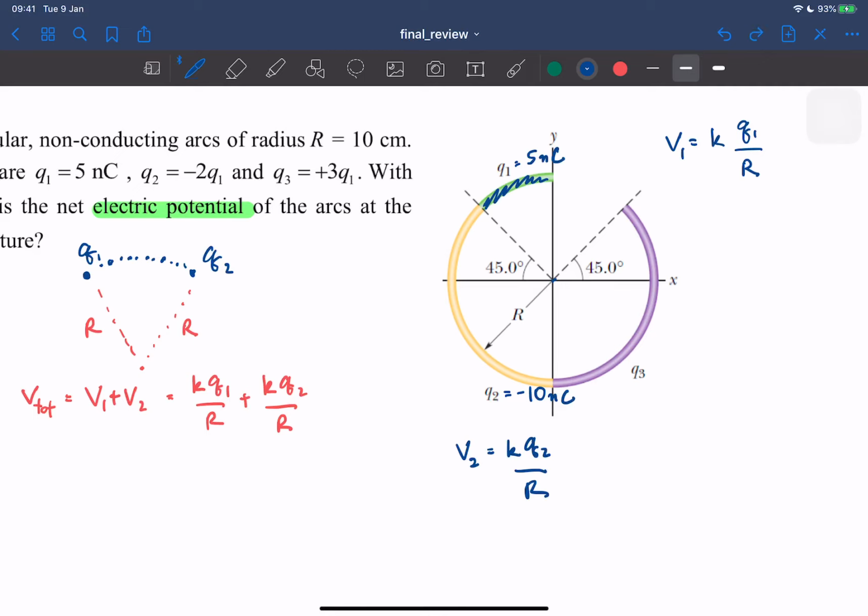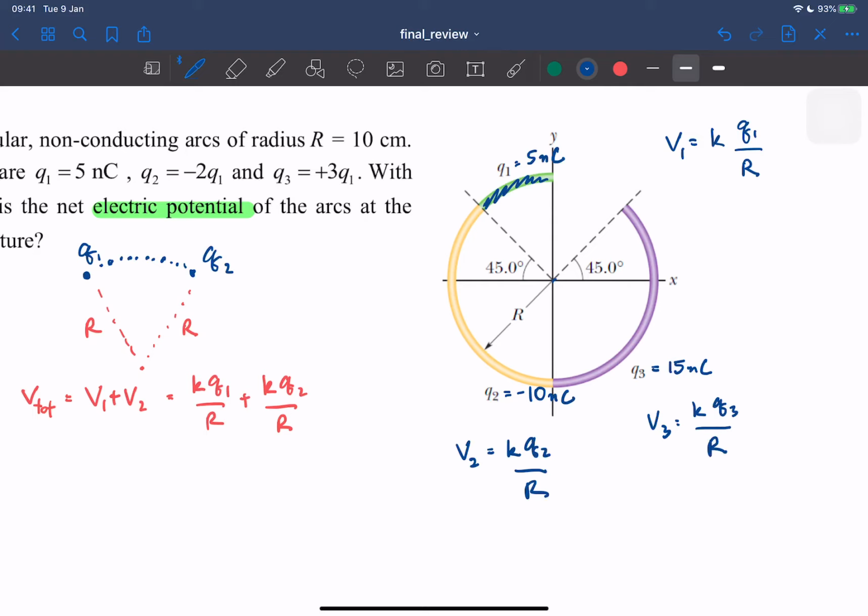If you are talking about a different shape, it's going to be a little bit harder to do. Maybe if you have a shape that looks like this, then this point will be closer to the center, so 1 over R here will not be a constant. But in this case it's a constant, so it's very easy to proceed. And then for Q3, it's minus 3 times Q1, so it's going to be 15 nanocoulomb. And V3 is again just KQ3 divided by R.